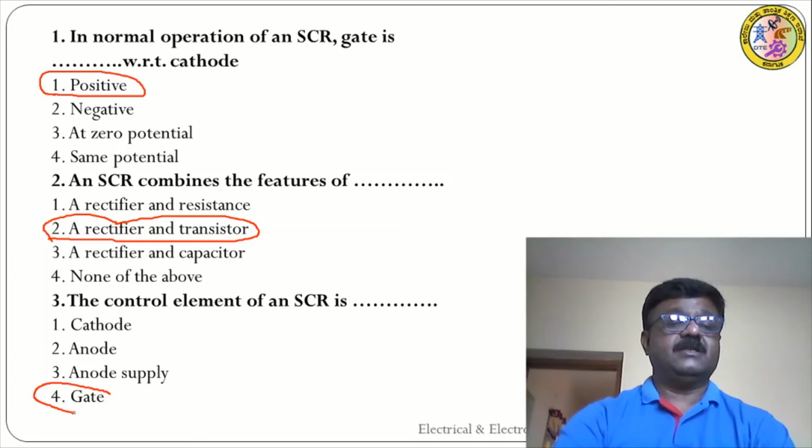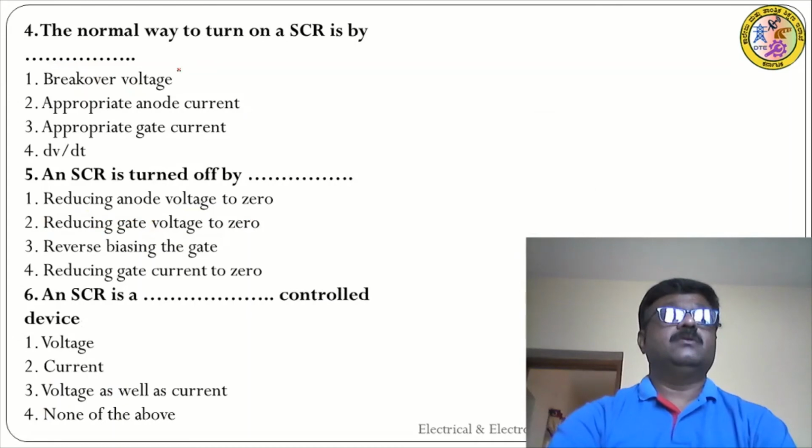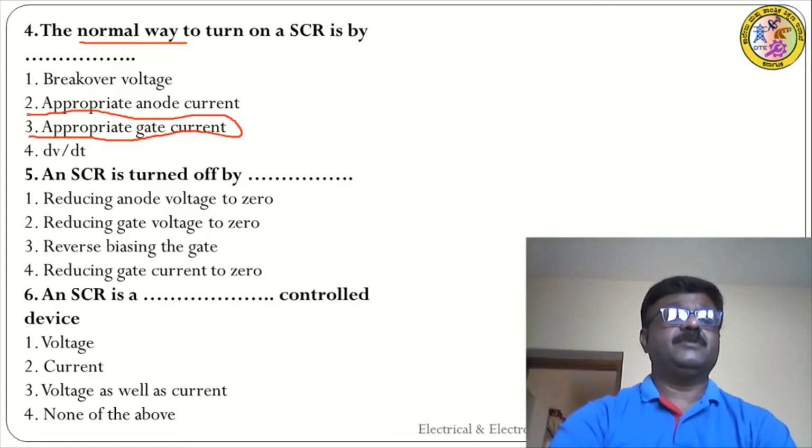Next, fourth question: the normal way to turn on an SCR is by giving gate current. Out of these four options: breakover voltage, appropriate anode current, appropriate gate current, dV by dt, appropriate gate current is correct. So option 3 is correct.